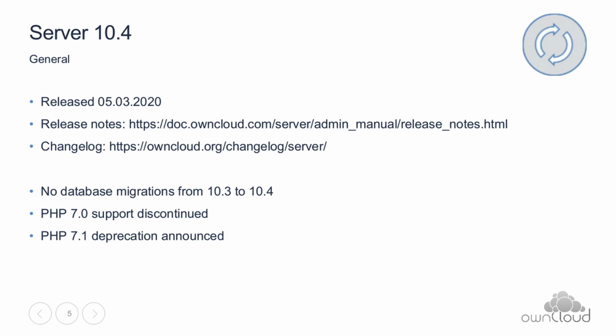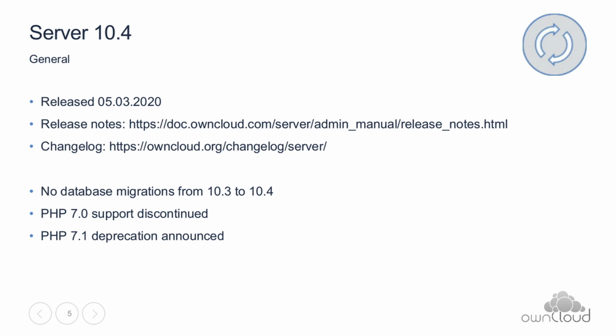So they are written in a way that administrators can directly recognize what will change in terms also of configuration, for example. So it is recommended before upgrading ownCloud Server to always read the release notes and see what configuration options maybe need to be adjusted or infrastructure requirements need to be changed or respected before doing an upgrade.